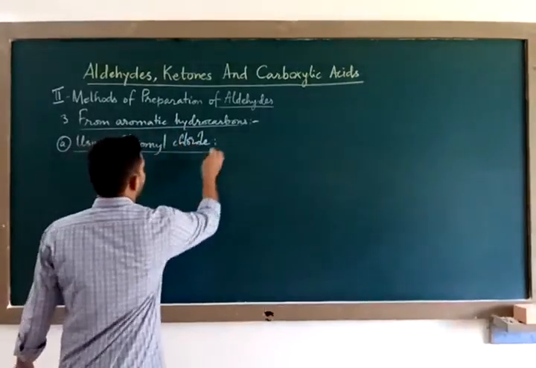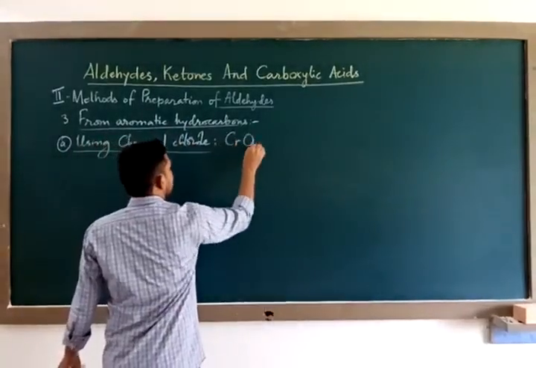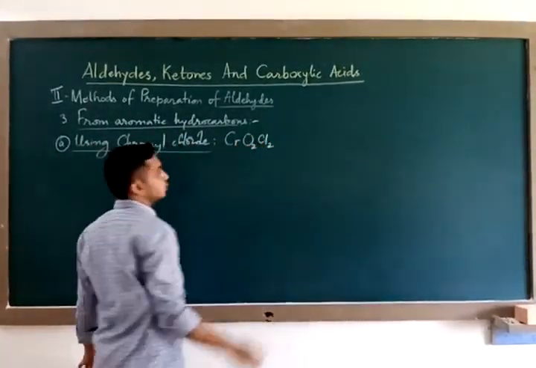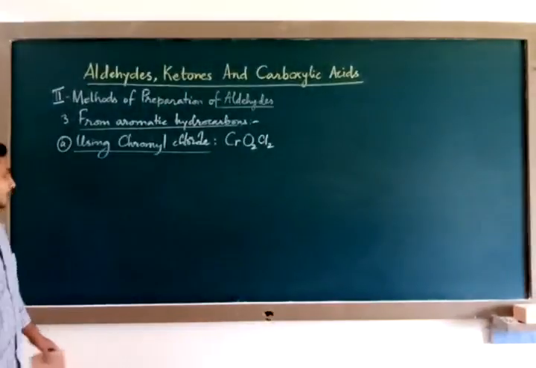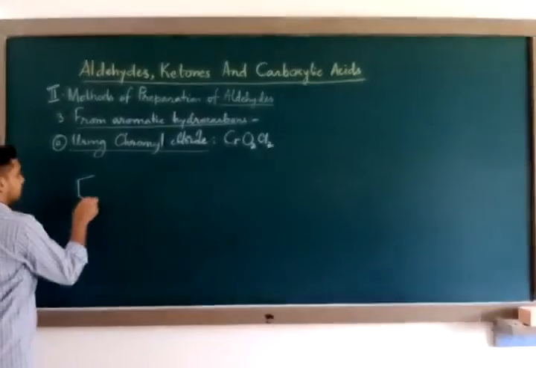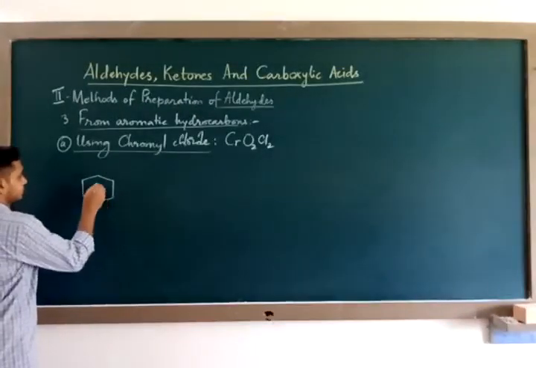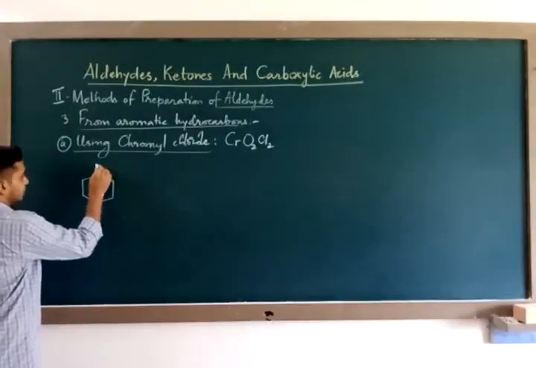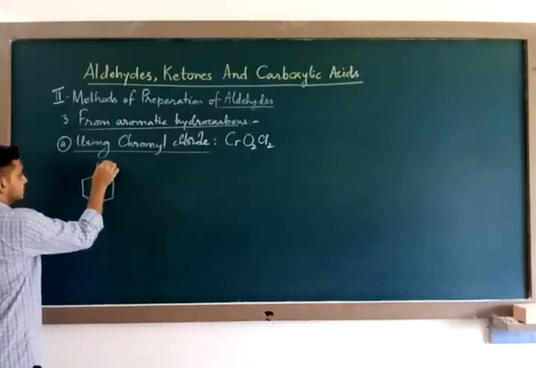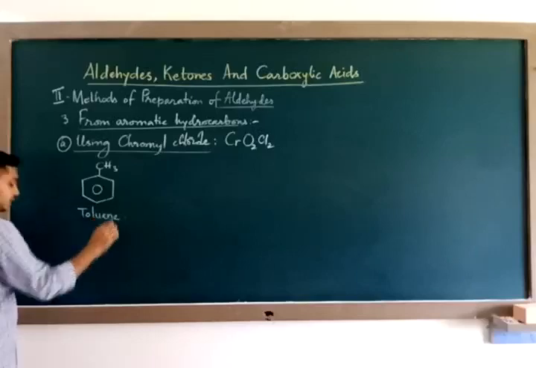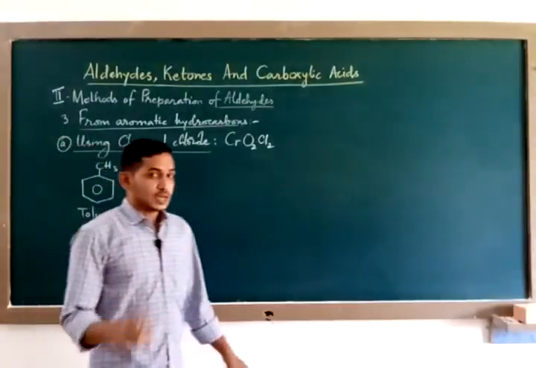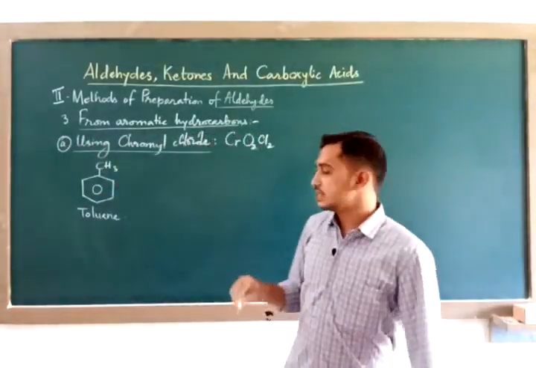Now, using chromyl chloride, the formula is CrO2Cl2. This compound is called chromyl chloride. For this reaction, I will use toluene. How do you write toluene? Benzene with CH3. From these methods, you can prepare only aromatic aldehydes.